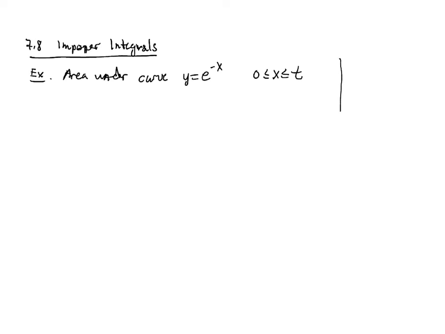So the graph looks like this, and if the t value is here, the area under that curve is given by the integral from 0 to t of e to the minus x dx.